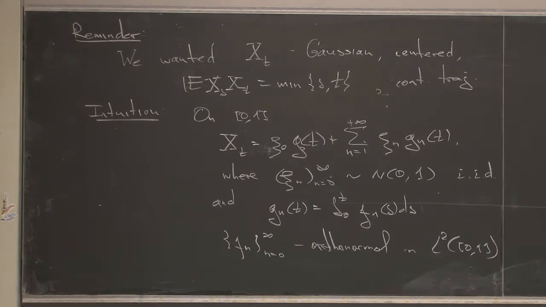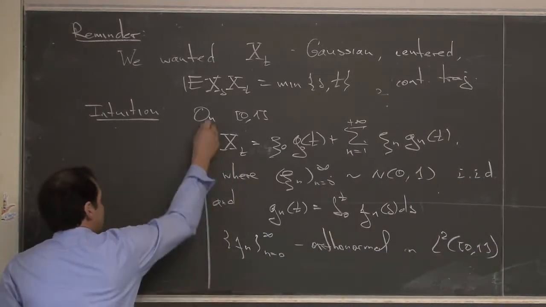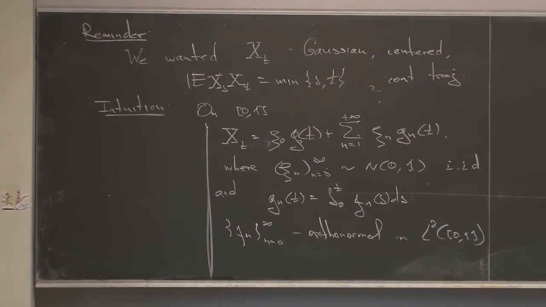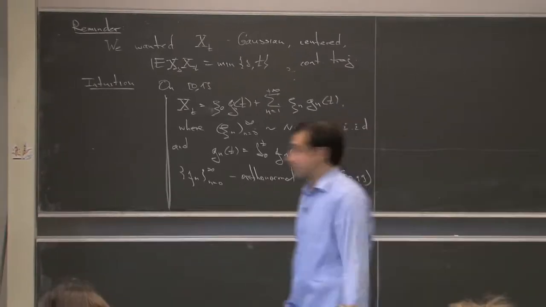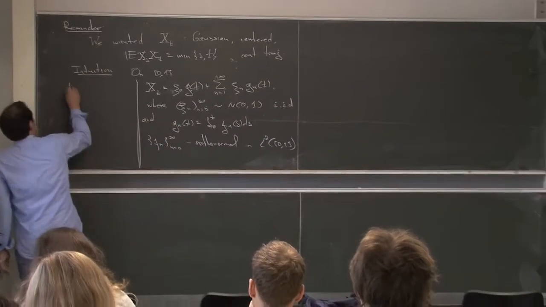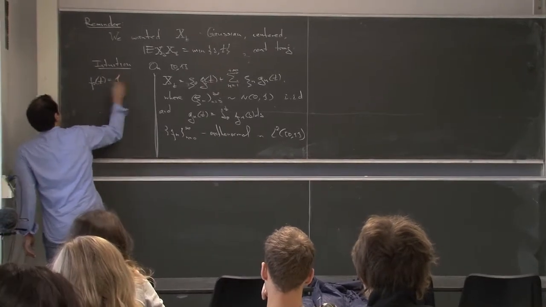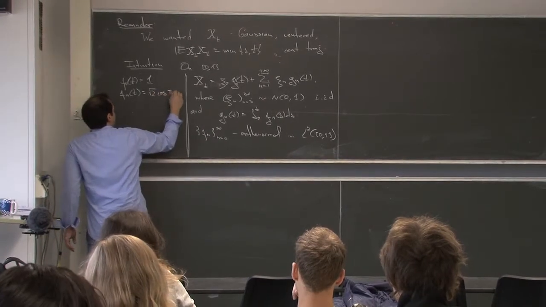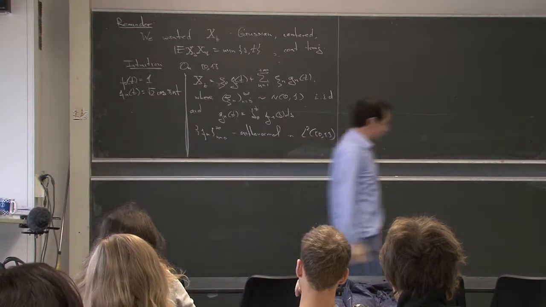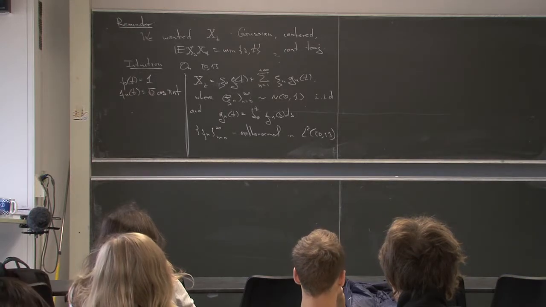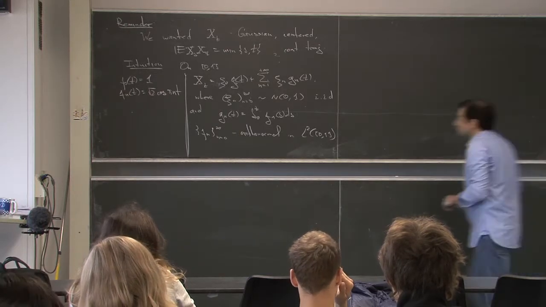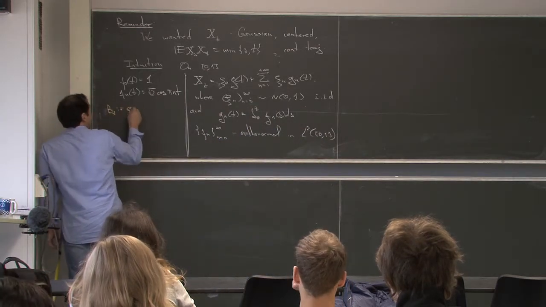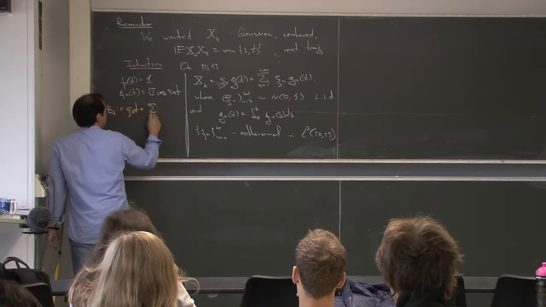I just took the basis that I like, being educated in pure analysis. So I just took this to be Fourier. And this led us to an idea, but basically we used it as a definition of the Brownian motion via this sum.